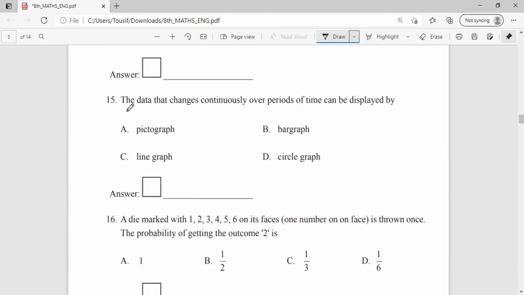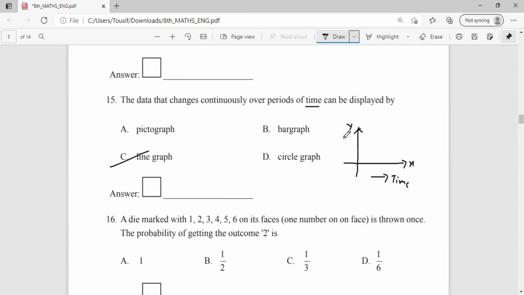Moving to the 15th one, the data that changes continuously over a period of time can be displayed by what? Line graph. Okay, let us draw the x-axis and y-axis. This is our x-axis, this is our y-axis, and this is our time.